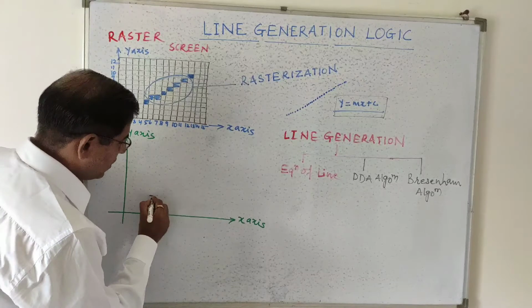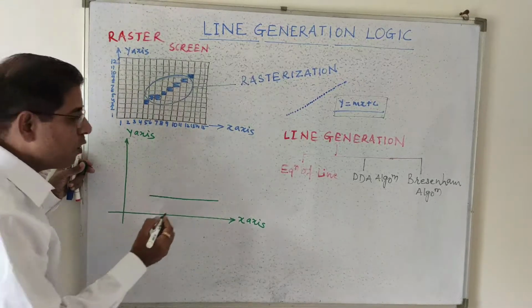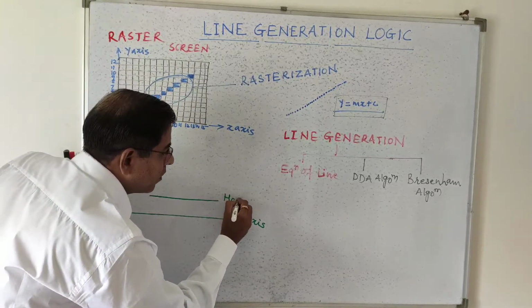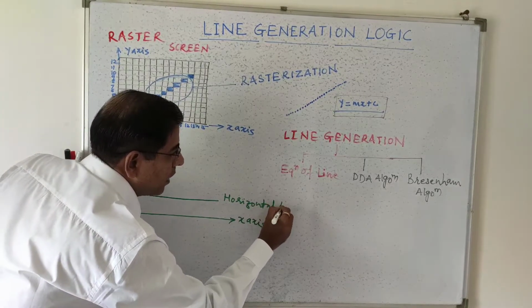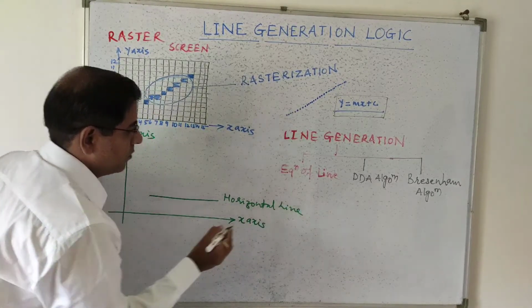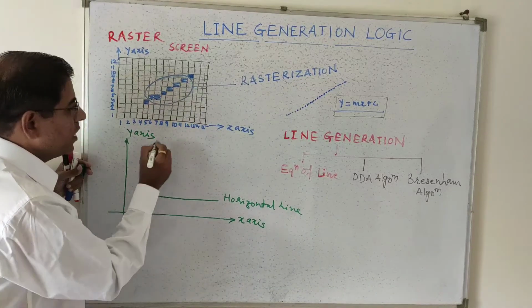First, this is a horizontal line. This is a vertical line.